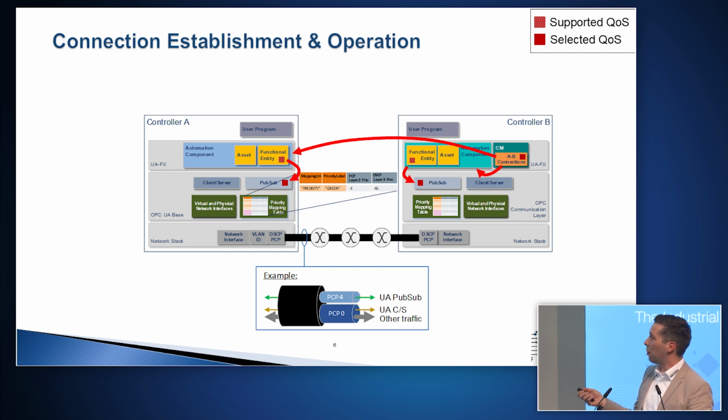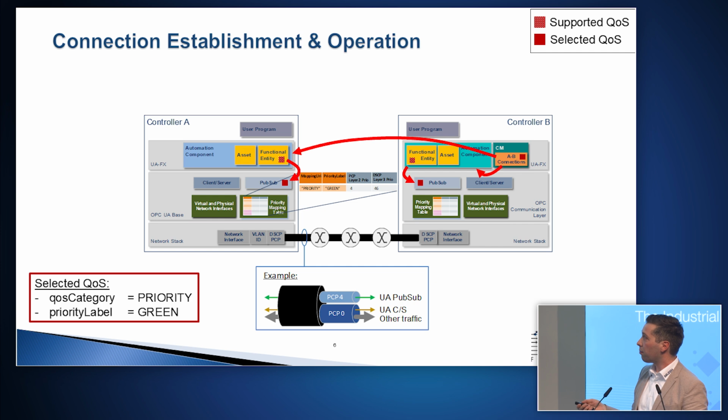So now we have our pub/sub configuration that has, for example, the quality of service category priority. We only want to do priority-based QoS, so we want to order the different applications based on their priority and just specify which one is more important. And the first label that we define is green, that is for cyclic unsynchronized traffic.